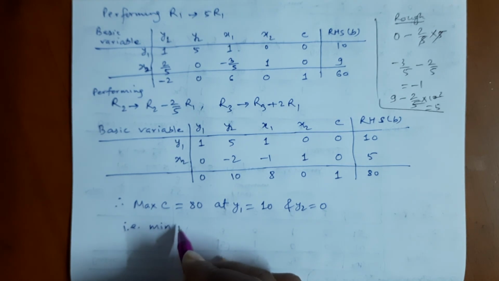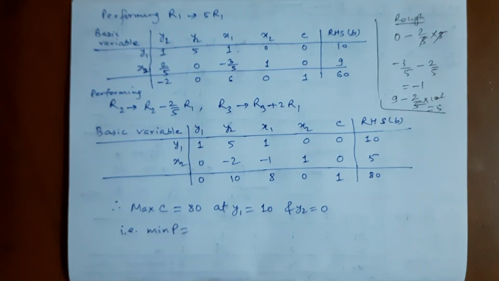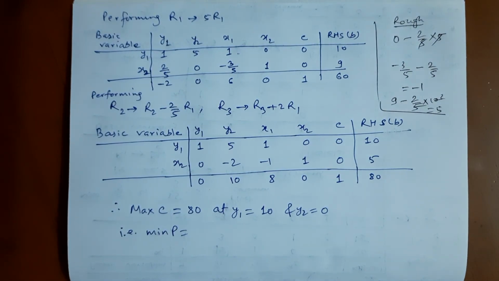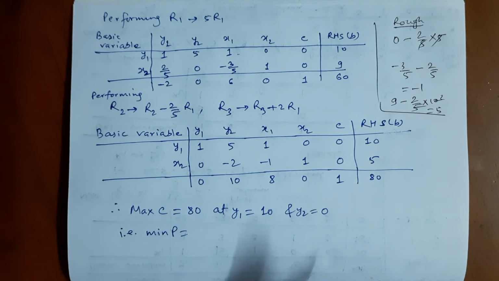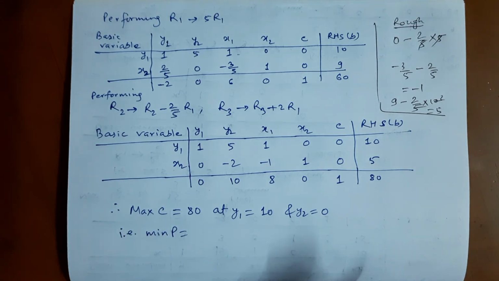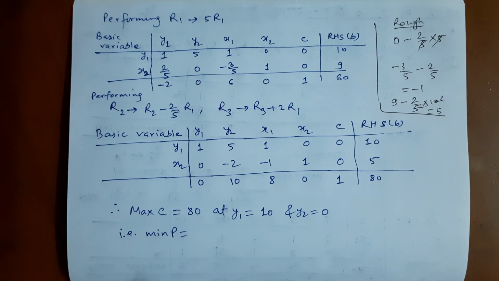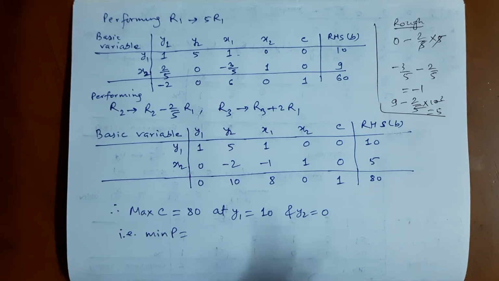And that is the minimum P. So maximization of one problem will be the minimization of the other problem, or minimization of one problem will be maximization of the other problem based on the same data.